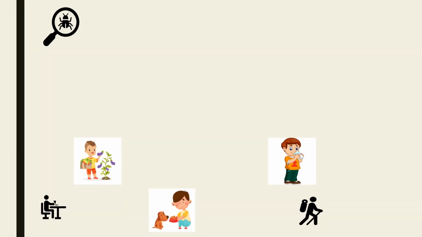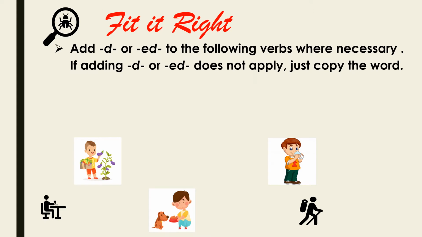Let us start our discussion with a short test of your previous knowledge on past tense. I term this Fit It Right, where you are going to decide whether or not you are going to add D or ED to the verb to make it its past tense. If you think adding D or ED is inappropriate, you just have to copy the word. Here's an example.